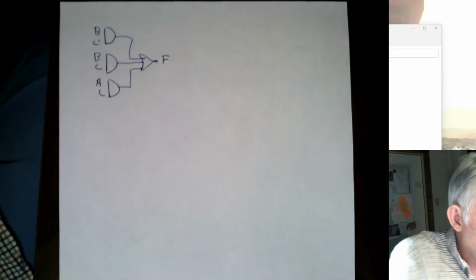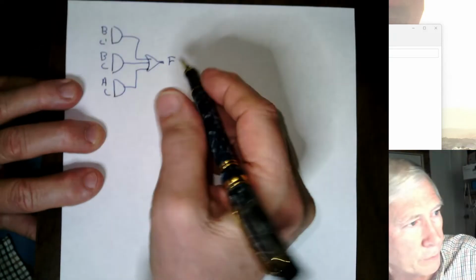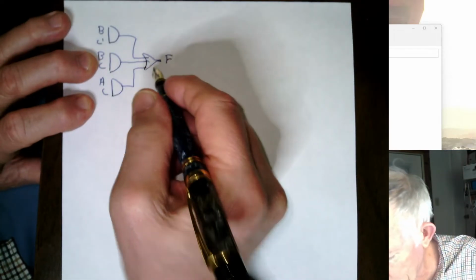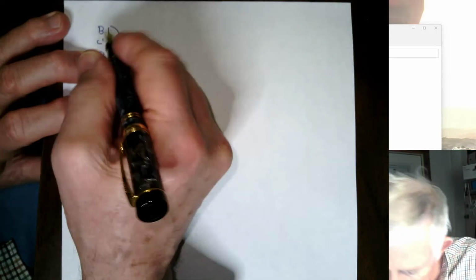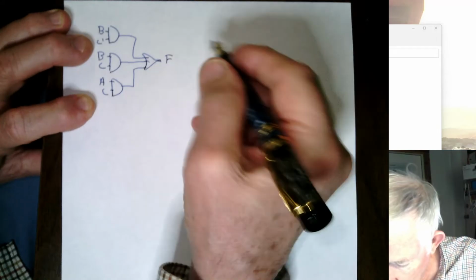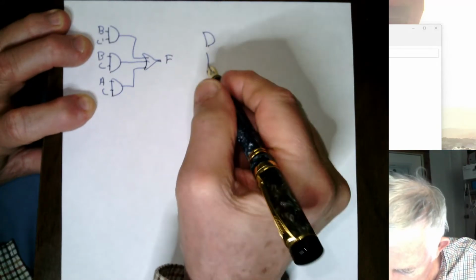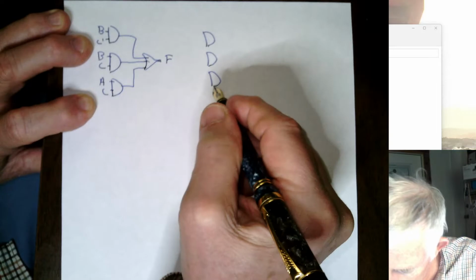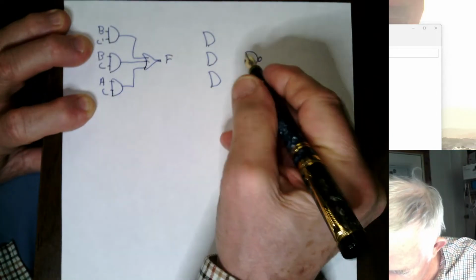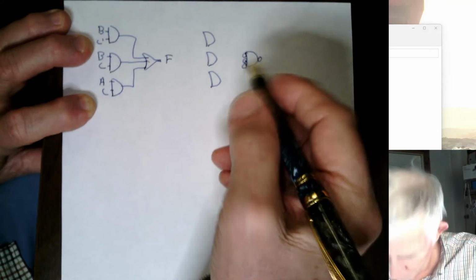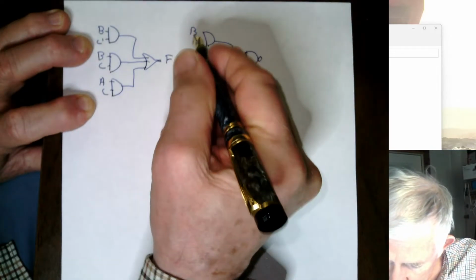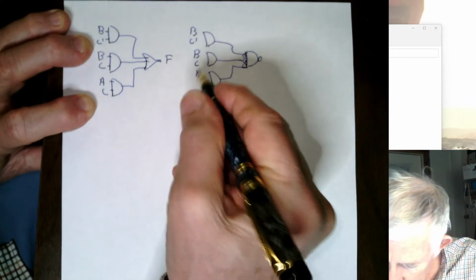And okay, I just redrew it because it was getting a little messy. So now I'm going to put in the alternate gate for this OR gate here. We're going to leave the AND gates just like they are, but I'm going to swap this out. So I'm going to have 3 AND gates still. But for my OR gate, now I'm going to put an AND gate, and I'm going to put bubbles on the inputs and on the output. And we'll still have BC prime, BC, and AC.